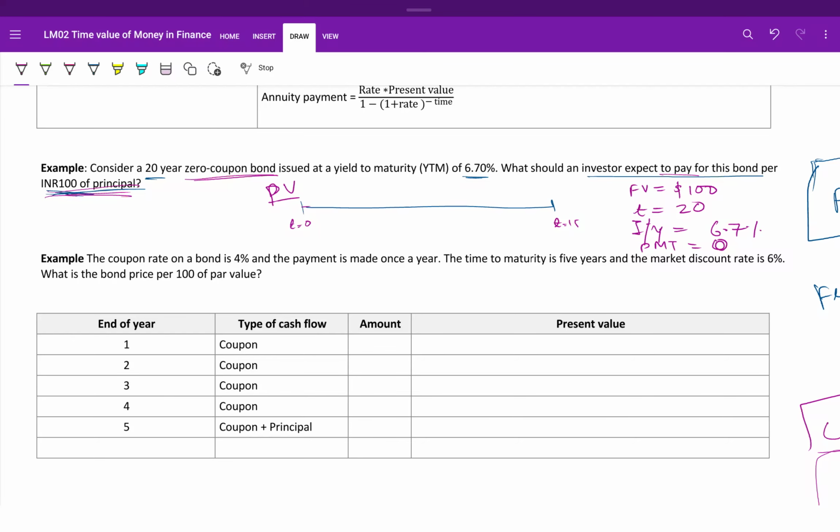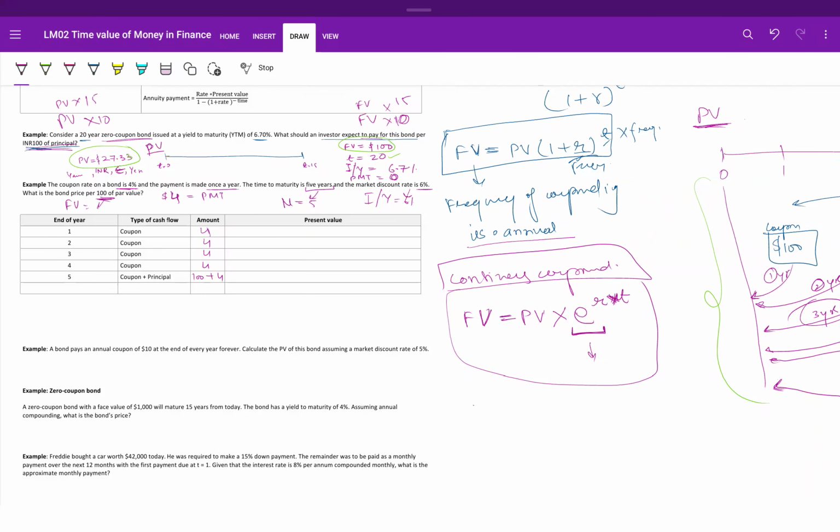Let me just take you back. How do we calculate the present value? We are going to discount the first 4 by 1.06. This is the formula for present value: the future value discounted at the rate.